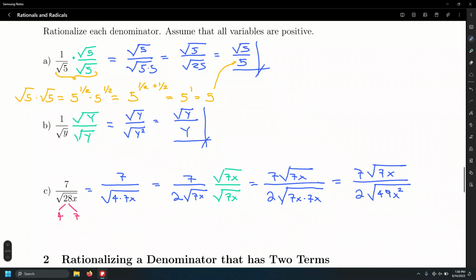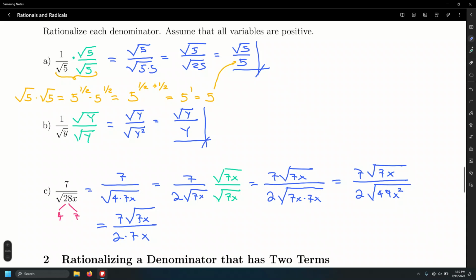All right, so let's keep going here. So that'll be 7 square root of 7x over 2 times the square root of 49, which is 7, the square root of x squared, which is x. And we're essentially done simplifying that radical. However, how about we divide out those two 7s?